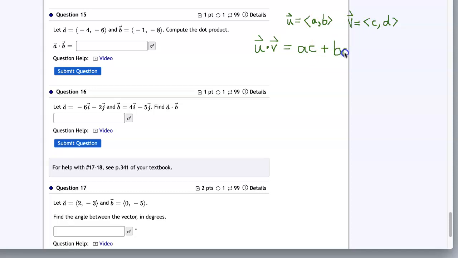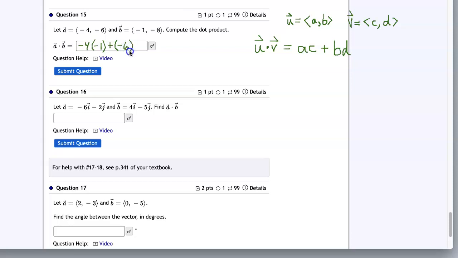Notice then that the dot product is not a vector itself. The dot product is simply a number. So here we have vectors a and b, so we just multiply -4 times -1. And then we're going to add on to that the product of -6 and -8.